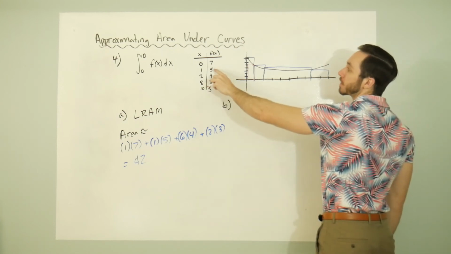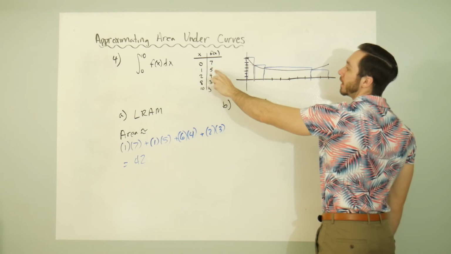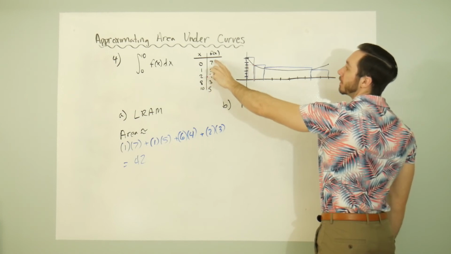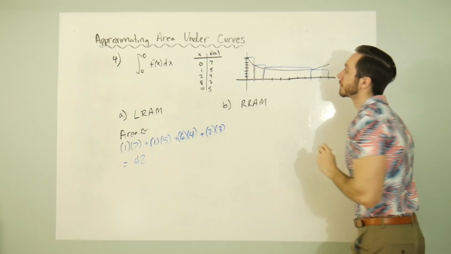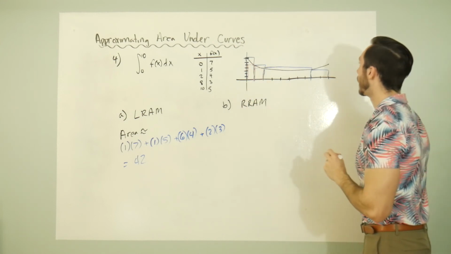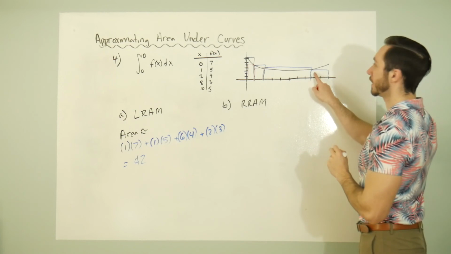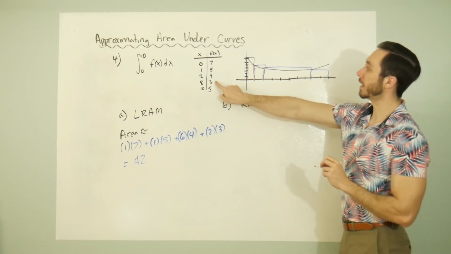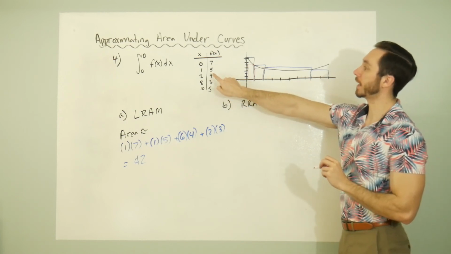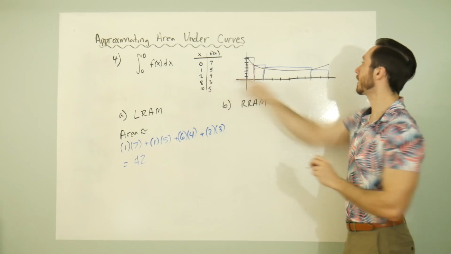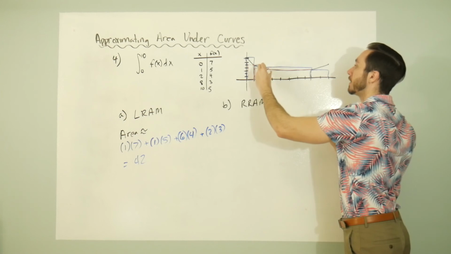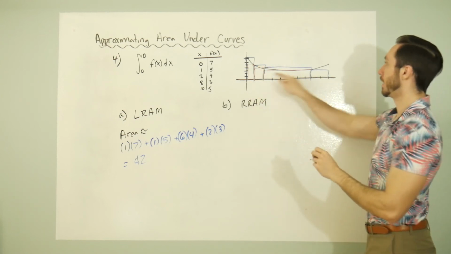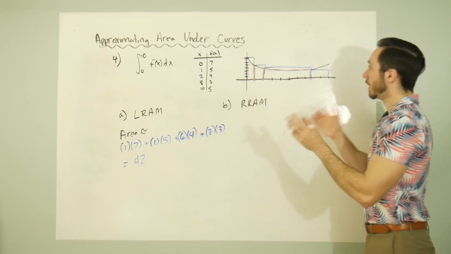I want my next right endpoint to be on, well, instead of 5, now 4. Here I'm going to consider my next right endpoint. So my right endpoint was once 4, now it's going to be 3. So you'll note that this rectangle is now underneath this fictitious curve that I drew.